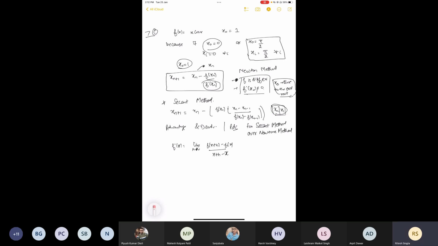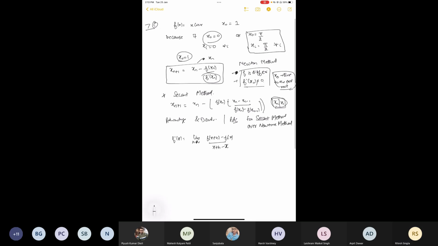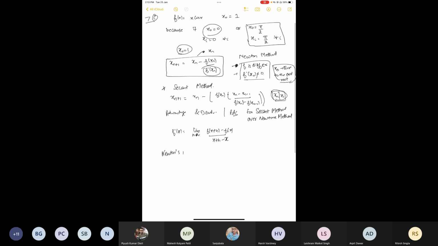Which method seems to be more relaxed to you? If the Newton-Raphson method fulfills all conditions, then Newton-Raphson is more useful than the secant method because it is quadratic, while secant is 1.6, meaning superlinear. The order of convergence for Newton's method is 2, and for secant it is 1.6 something.